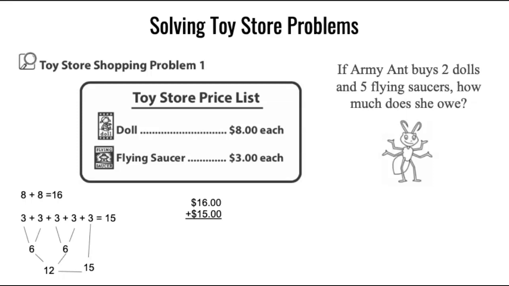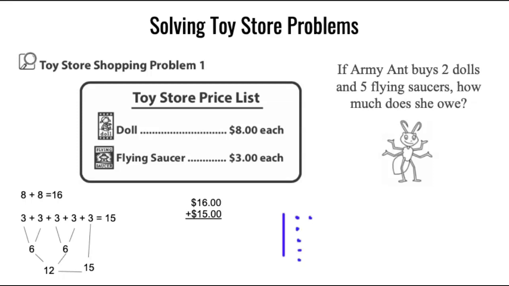Now we need to add together our $16 and our $15. Remember to include your dollar sign, decimal point, and 2 zeros at the end to show dollars, not just 15 and 16. We can use our base 10 pieces to help us, but because we don't have the pieces at home, make sure that you are using drawings of base 10 pieces.